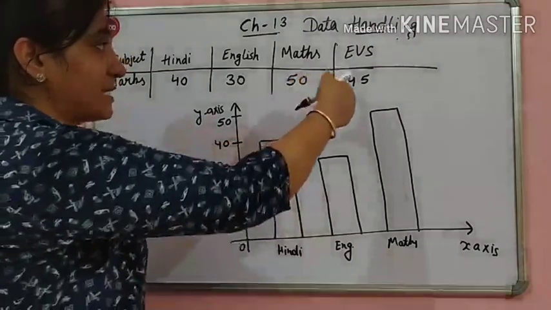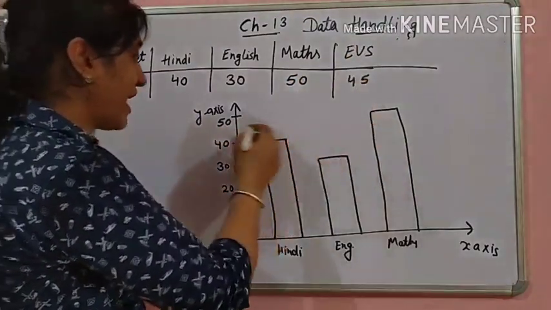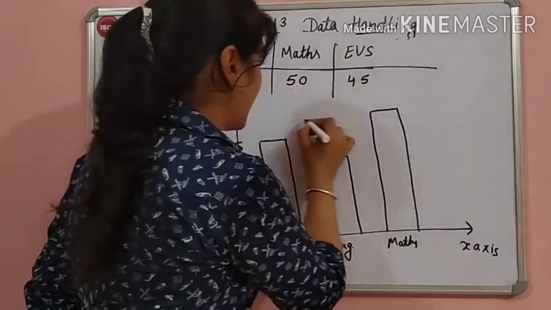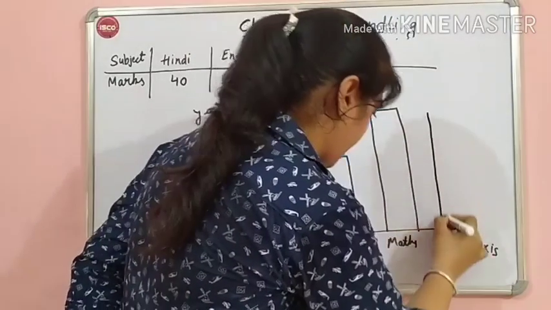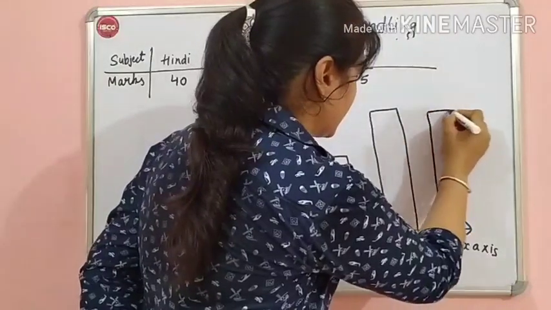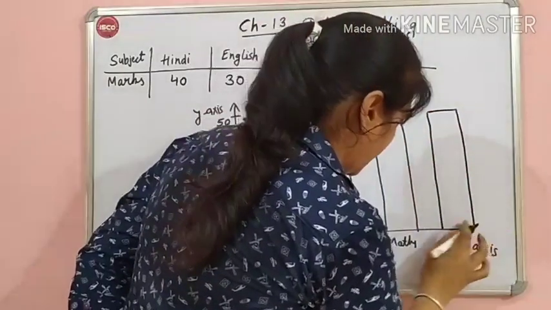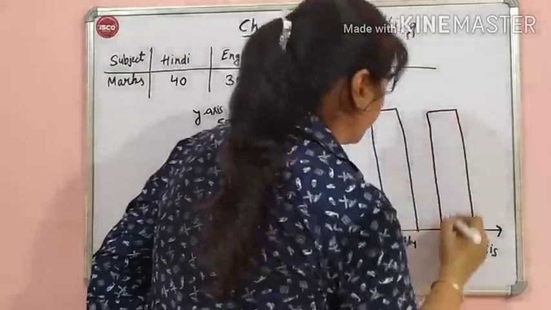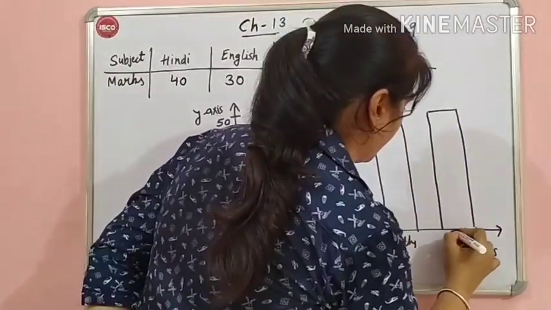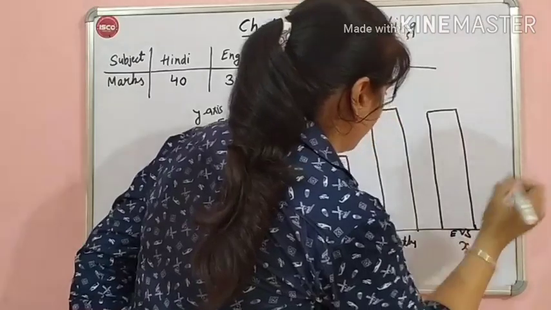It means now he is getting 45, so we will take it between 40 and 45. In EVS, he got 45. Okay.